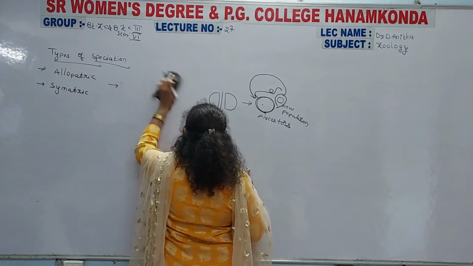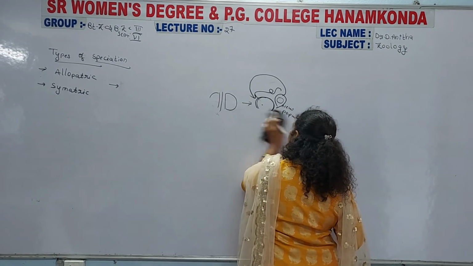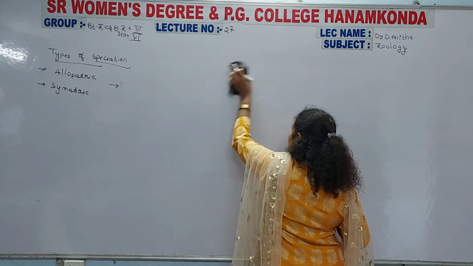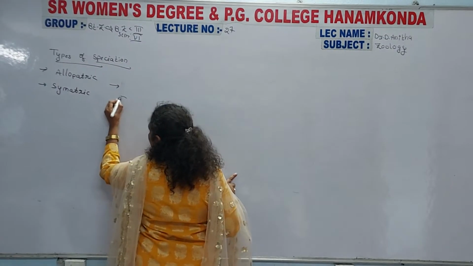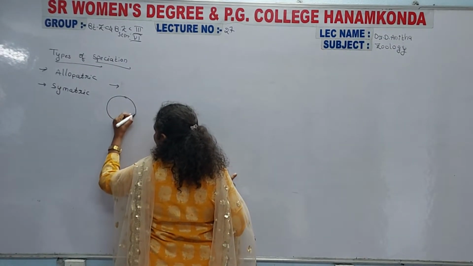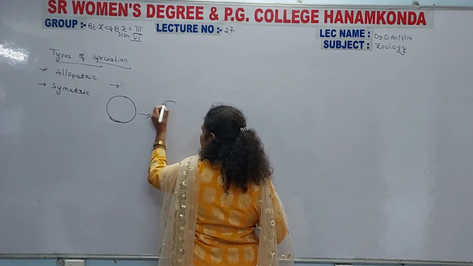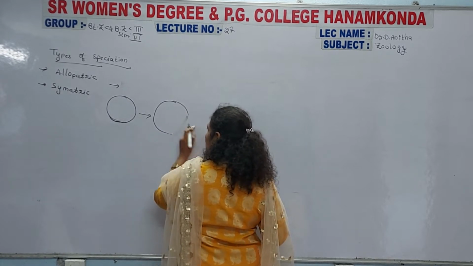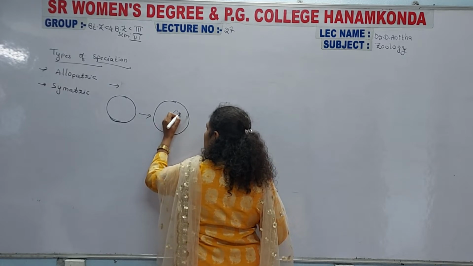And next, sympatric speciation. It is a common population. The changes occur in the middle of the same population, within the range, within the population.